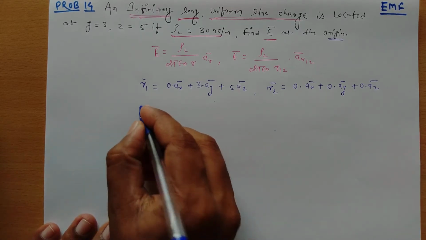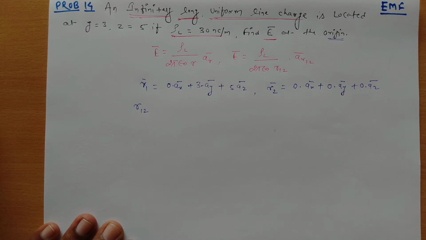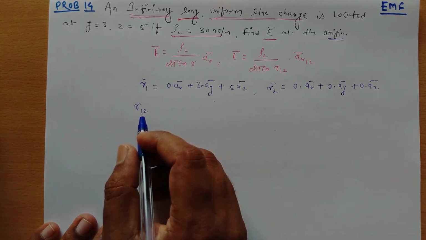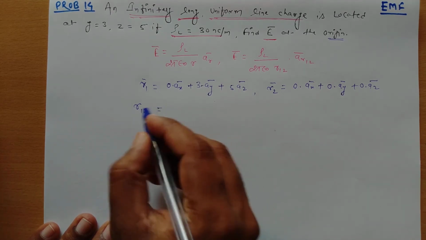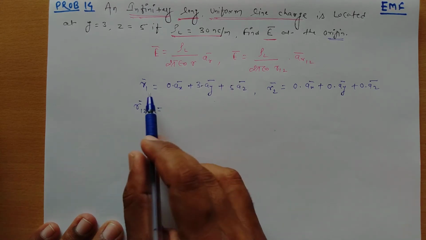So if we need to find this value R12, it will be given as vector 2 minus 1.